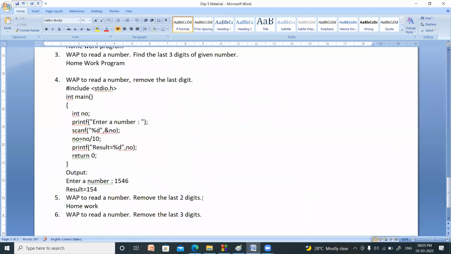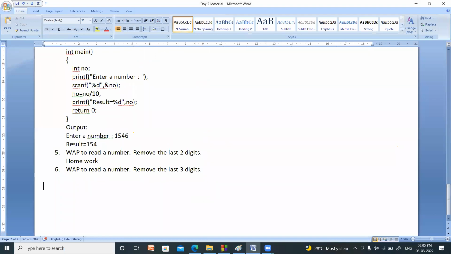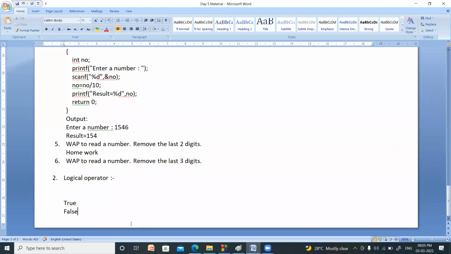Right. Now my next operator is the second operator. It is the logical operator. Now do you know what is true? What is false? To manipulate these true and false, we require some tools.